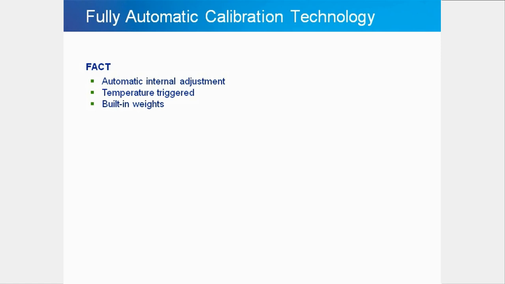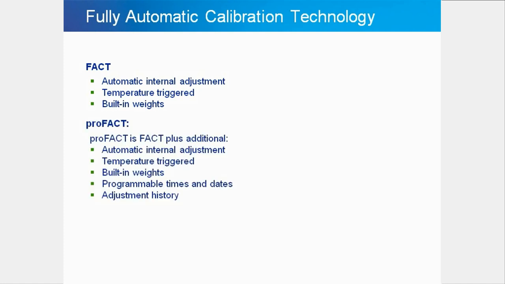During production, internal weights are traceably connected to international measuring standards by means of primary calibration. In this process, the mass of the internal weight is determined by placing a certified weight on the balance and storing the value in the balance. ProFACT is the same as FACT with some additional features, such as programmable times and dates and adjustment history.